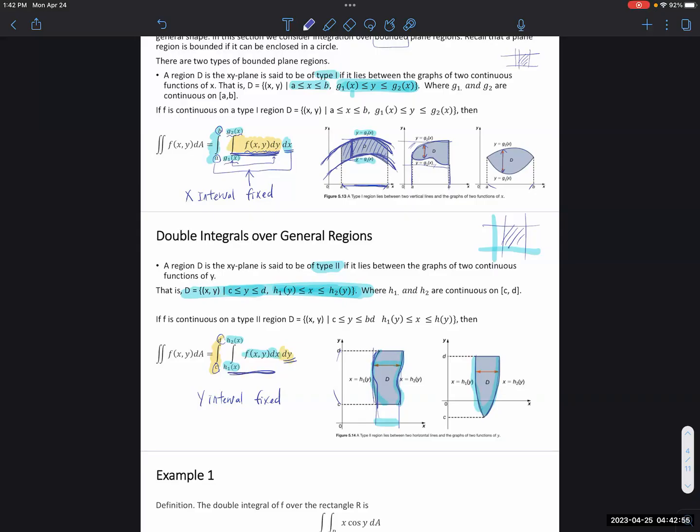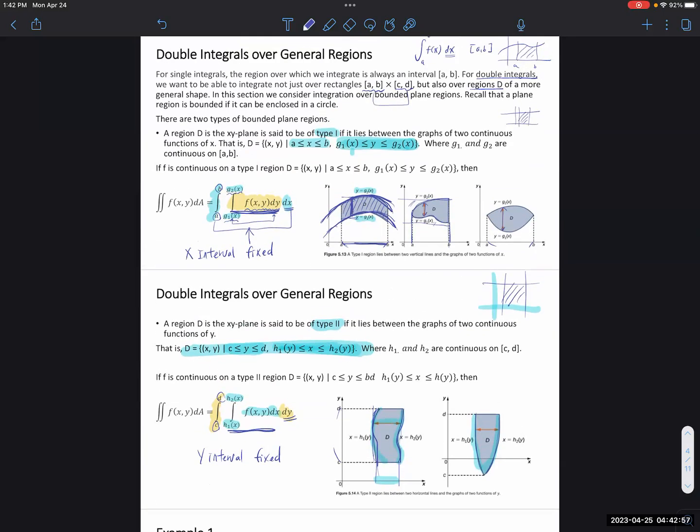So that's the definition of the double integral over a general region. We're going to find the region between two curves of a two-variable function, so we need to keep in mind what's going on with the interval. Does it make sense to you? It's very similar to what we did in Calculus 2, if you remember, like rotating about the x-axis or y-axis.